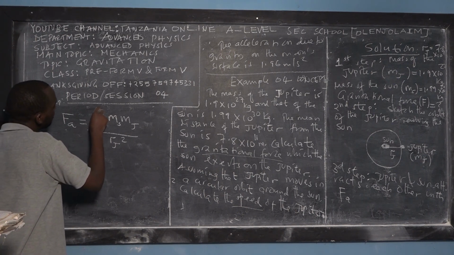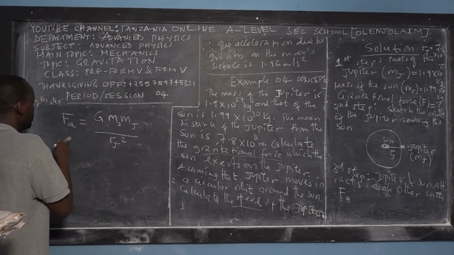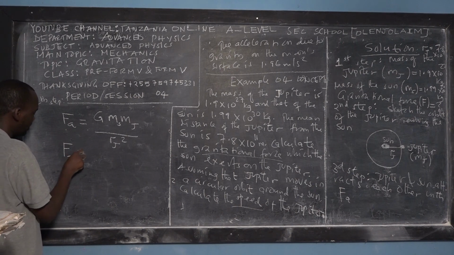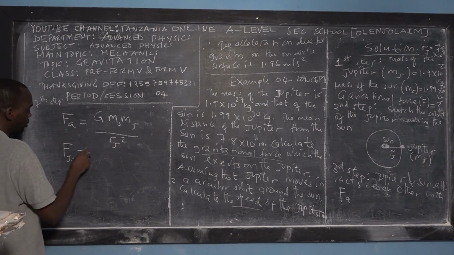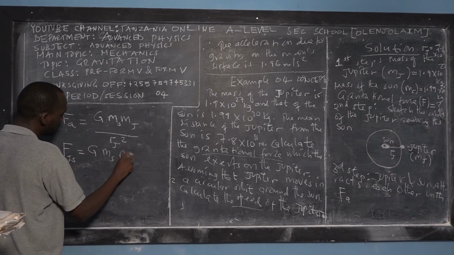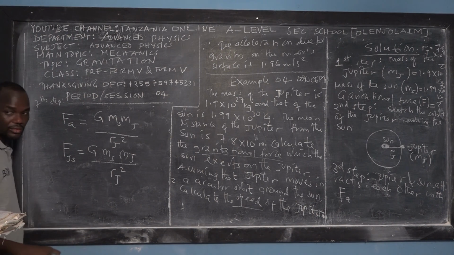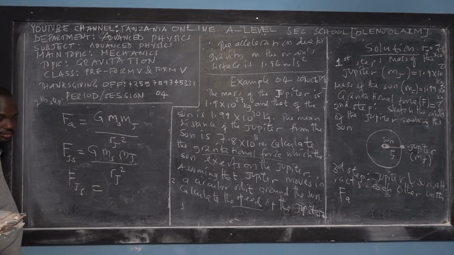So the force of attraction between the Sun and Jupiter is equal to the gravitational constant times the mass of the Sun times the mass of Jupiter, over the radius of Jupiter squared. According to the data being given, everything is there.